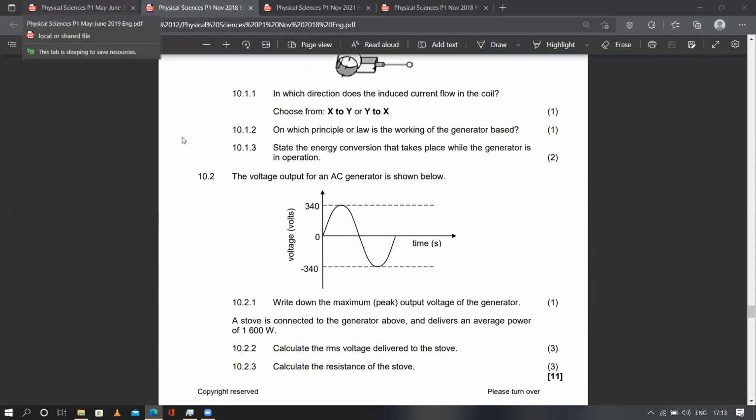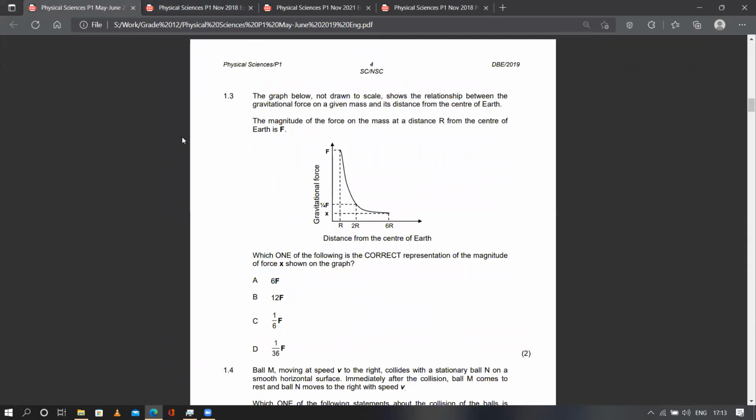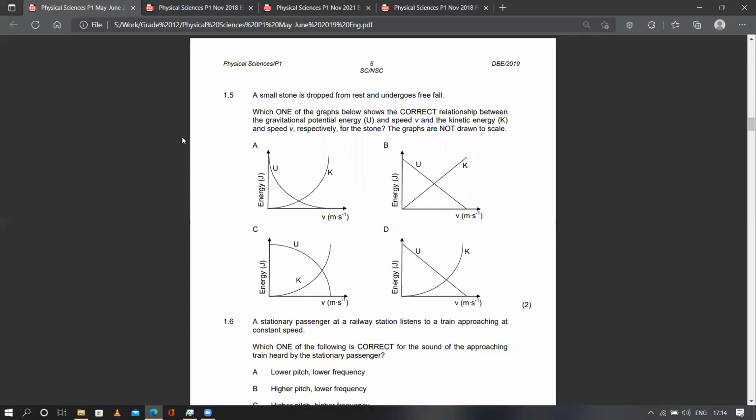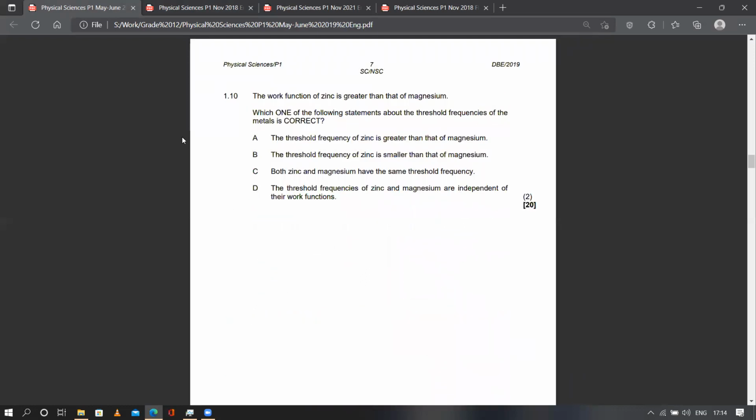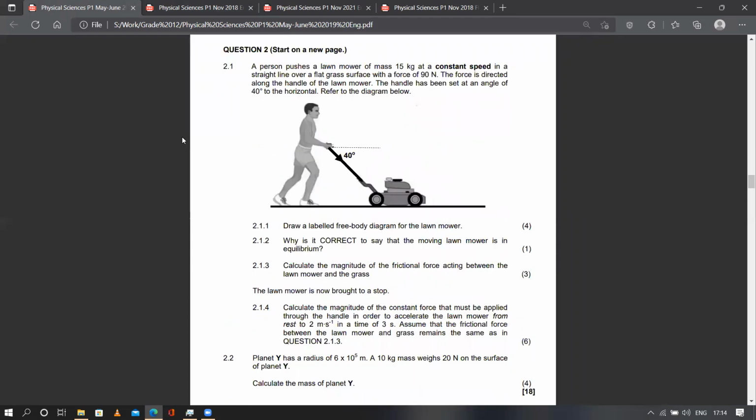Let me just open this question paper. We're gonna find our first maybe 5 mark question, and we'll answer it after answering that question. Is that fine? Yeah, and here it is 2.1.4. I think it is based on momentum.